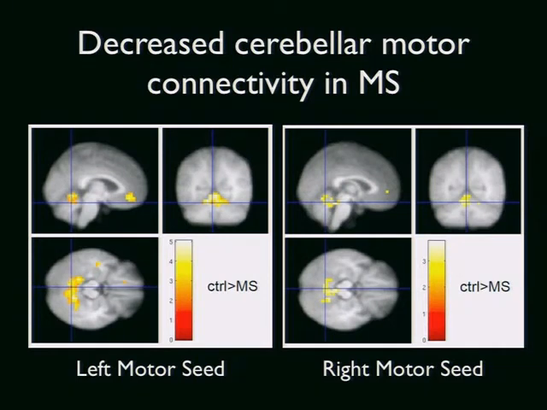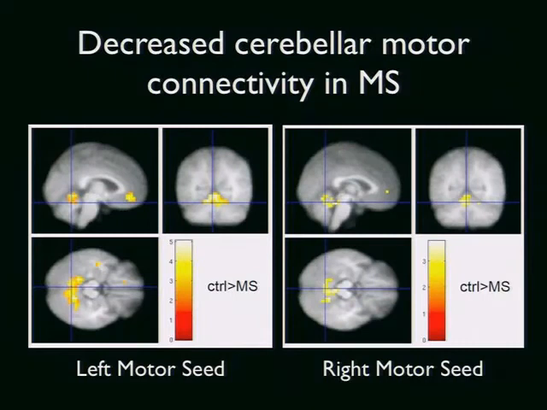But in looking at the differences between MS patients and controls, what we found was that although there was increased connectivity in MS patients between primary motor areas, there was decreased connectivity between the primary motor area and the bilateral cerebellum, the anterior lobes and the vermis. And so I think this is potentially an interesting finding that deserves more exploration.